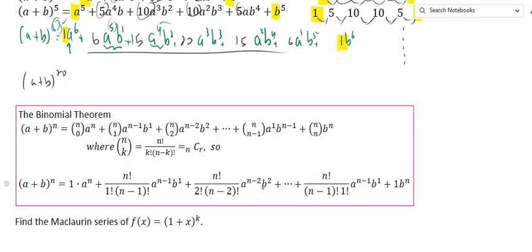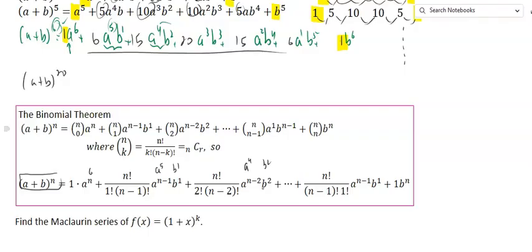You're still taking a + b, let's say, to the 6th power. They said that's 1 times a to the 6. And then, the way it works, a to the 5th, b to the 1, a to the 4th, b squared, and the list goes on.